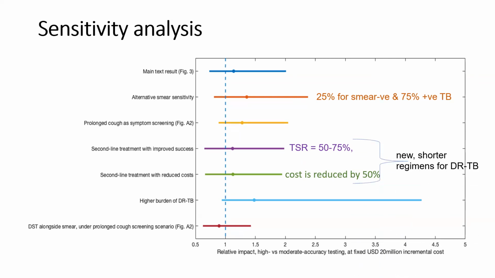These two, the treatment success rate and the cost, were due to the newer, shorter regimen for drug-resistant TB. And for the high burden of drug-resistant TB, there was 15% incident TB, as opposed to the main text, where I think it stated 5%.